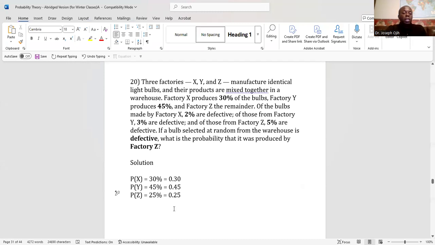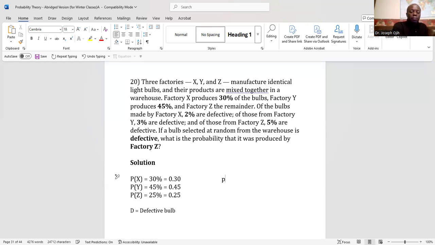Now the question was, if a bulb is selected, we're not done yet, because it also says that of the bulbs manufactured by each factory, some percentage are defective. Let us use D for defective bulb. We say that 2% of the bulbs made by factory X are defective.